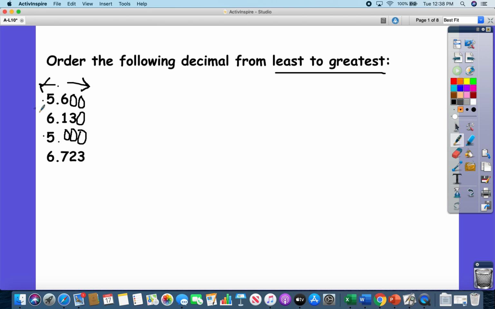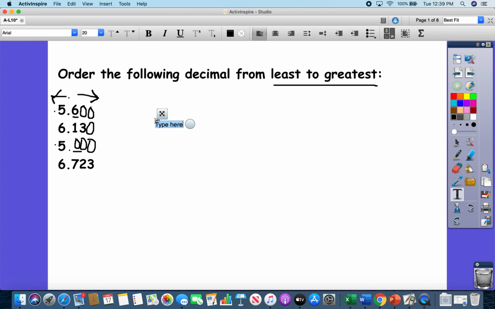Then I can move over one place to the right, look at the 6 and the 0, and what is smaller, 0 or 6? And yes, you guys are right, 6 is too small. It does need to be the 5. The 5 is actually the lowest place.